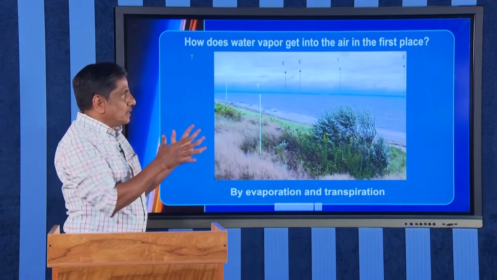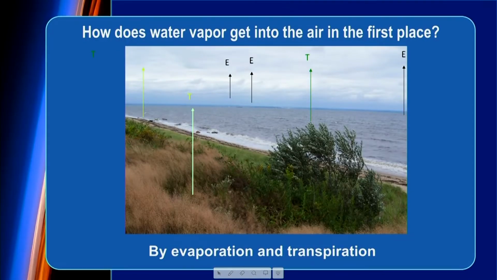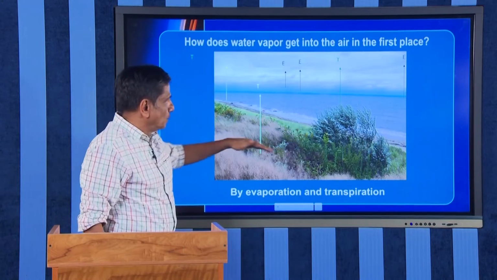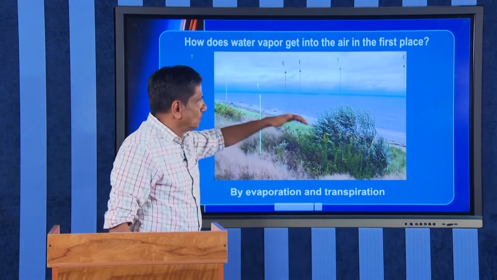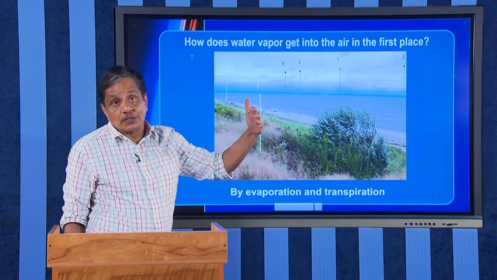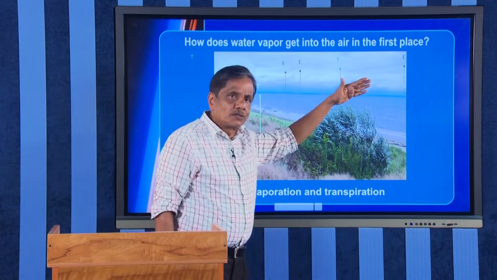Now, this is the basic mechanism for producing a cloud. What happens is, you have sea here, you have land here. When sunlight comes, both will be heated up, but water will take a long time to get heated up due to its high specific heat. So, land will heat up very fast and water will heat up in a slow manner.